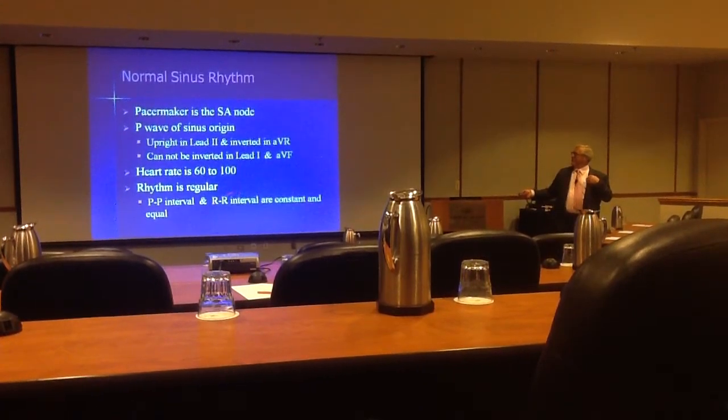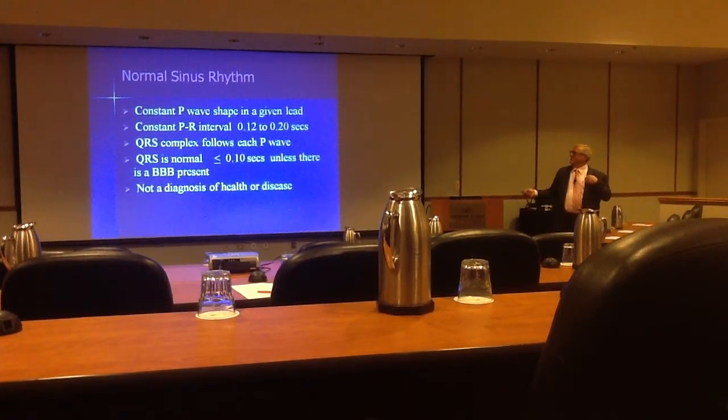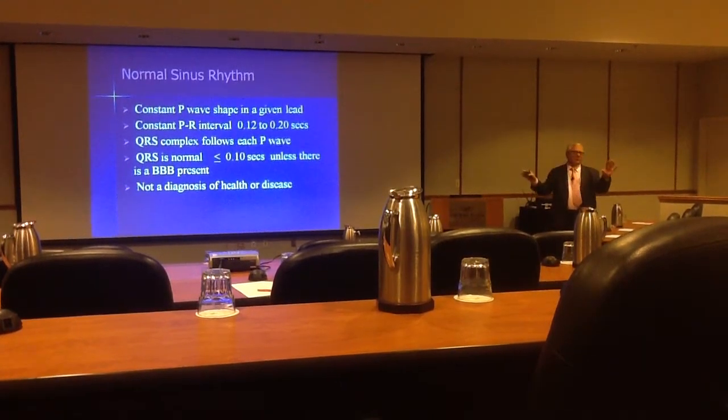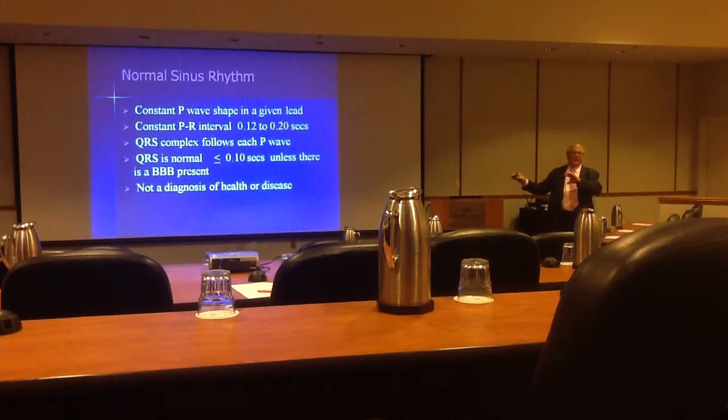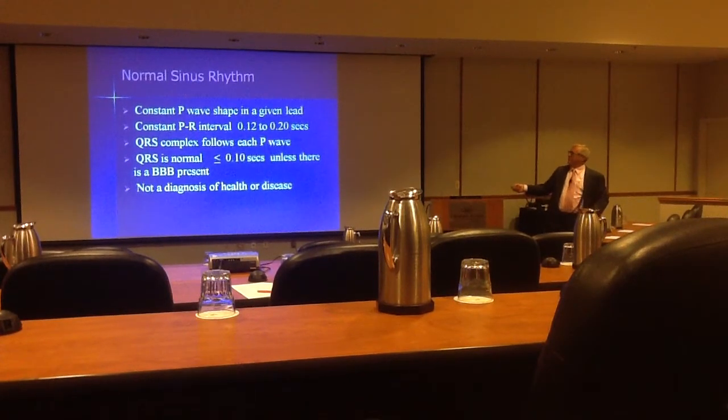If I map out every R wave, it's all going to be the same rate, and this is equal to this. The P wave is going to have one shape. In lead 2, every P wave looks the same. If you look at lead 3, every P wave in that lead looks the same. The PR intervals are fixed. There's a QRS complex that follows every P wave.